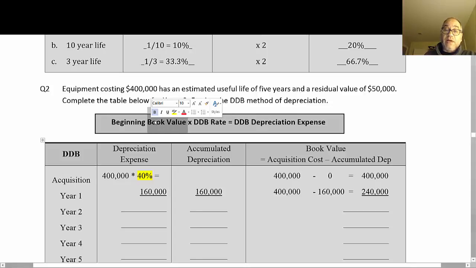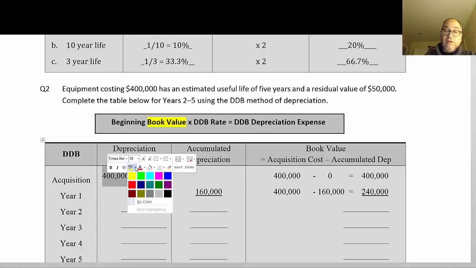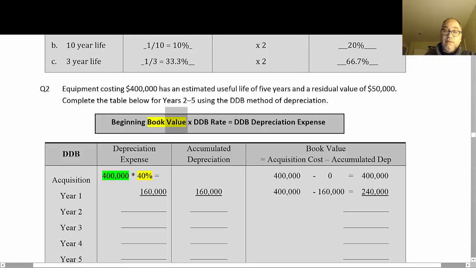Rather, we're going to multiply by the book value at the beginning of the year. So rather than multiplying by 350, as you can see here, I'm multiplying by 400,000 because that's the book value. In the first year, 400,000 times 40% is 160,000. So accumulated depreciation would be 160,000, and 400,000 minus 160,000 gives a book value of 240,000. Now to go to year 2, again it's going to be book value.